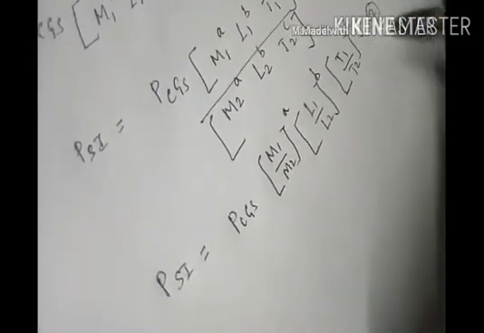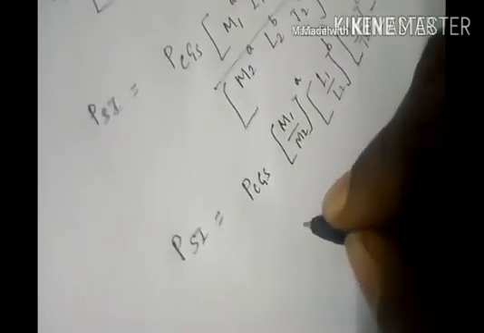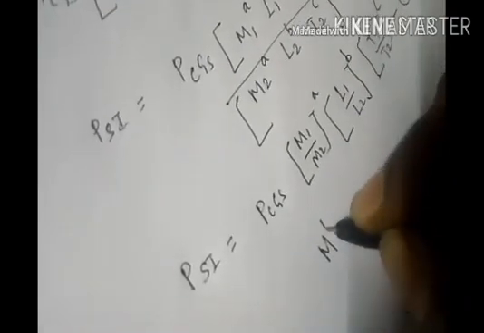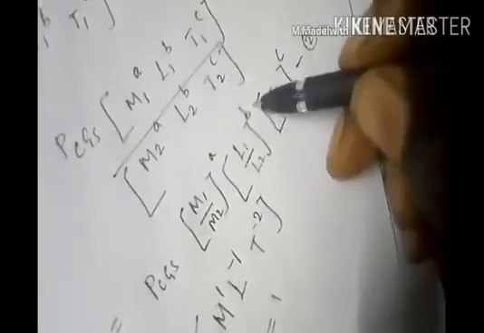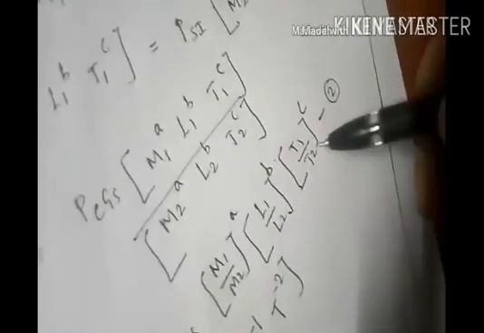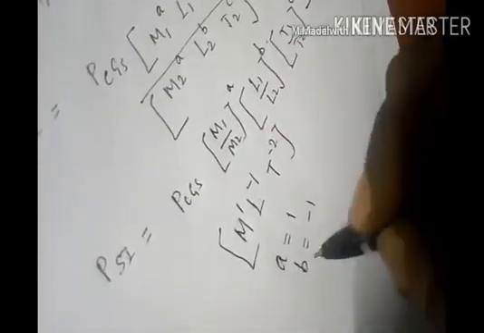Here the pressure dimension is M power 1, L power minus 1, T power minus 2. Now you are equating both powers. Here the mass power is a and here it is 1, the L power is b and here it is minus 1, the T power is c and here it is minus 2.